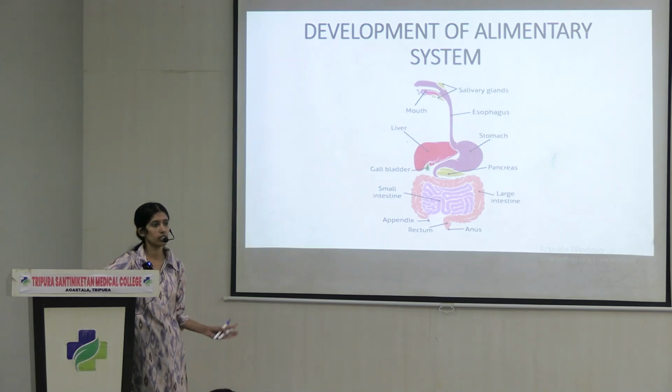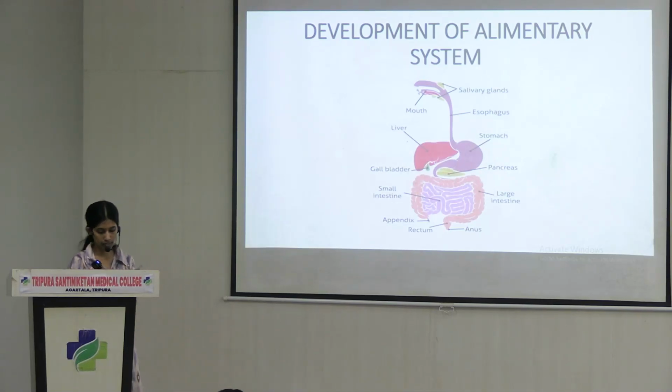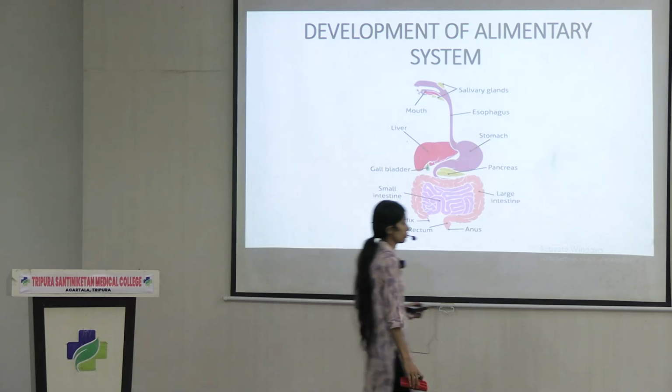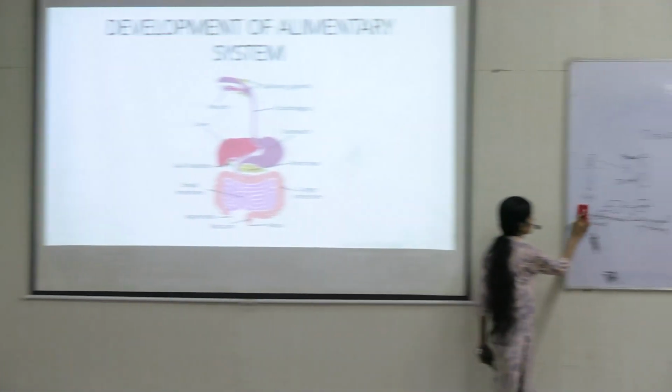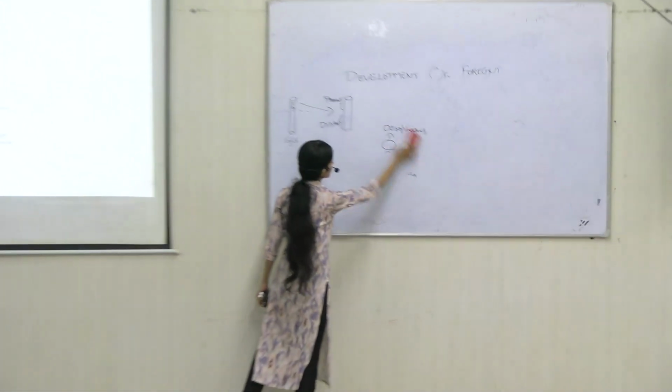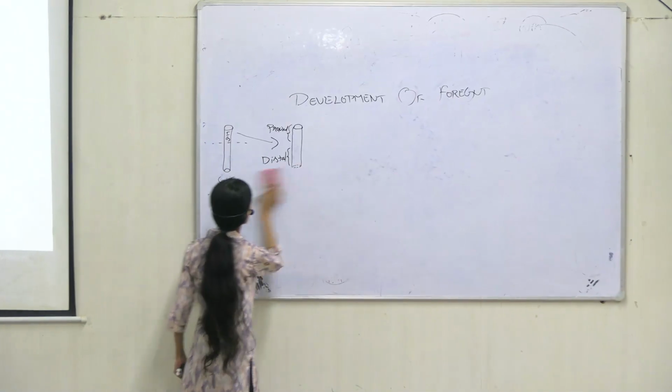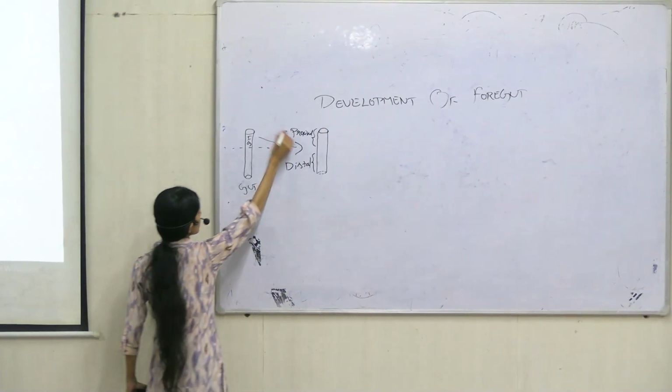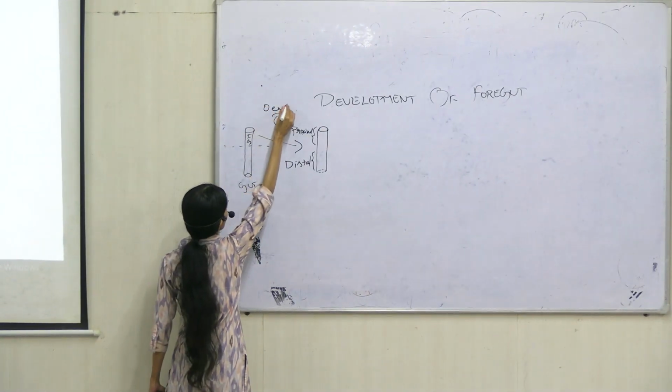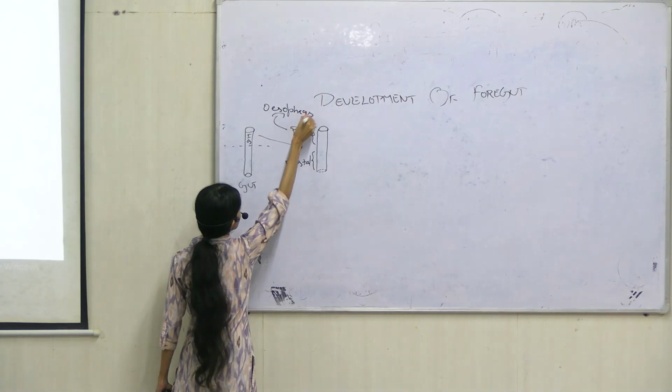So the bud region will later develop into your adult trachea and the remaining part will develop into the esophagus. Is it clear? This is how the development of esophagus takes place. So from the proximal end, we can see the development of esophagus.